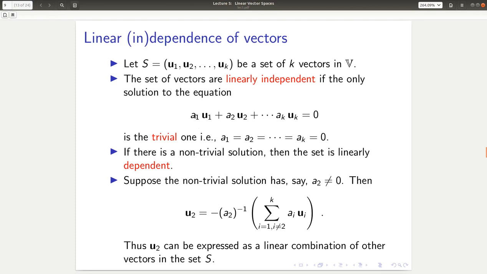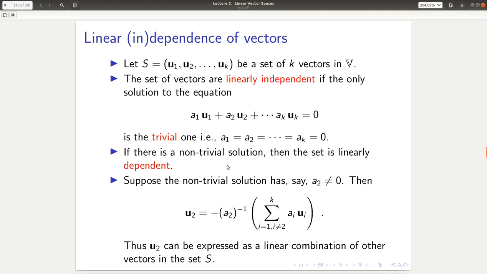Your goal is to find solutions a1, a2 to ak, these k scalars, such that this equation holds. There's always one trivial solution where all the ai's vanish, that is a1 equal to a2 equal to a3 equal to ak equal to 0. But if that is the only solution, then we say these k vectors are linearly independent.